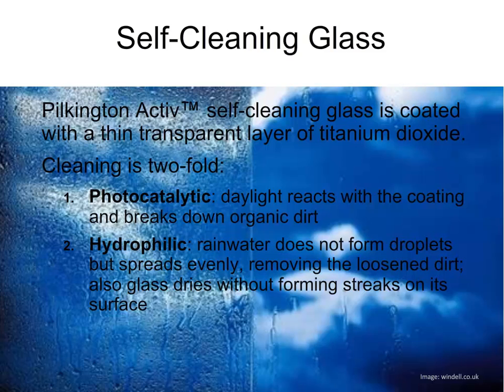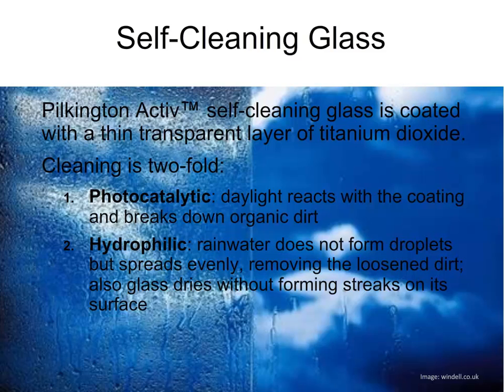This coating, though, brings into existence two cleaning processes. The first one is known as photocatalytic. UV light reacts with the titanium dioxide coating, and due to the interactions of light with electrons of titanium dioxide, breaks down organic dirt.